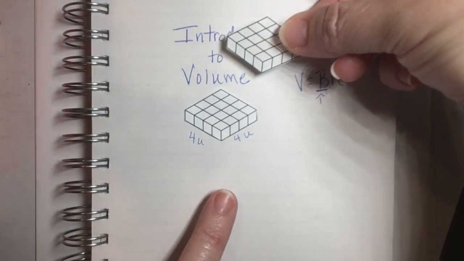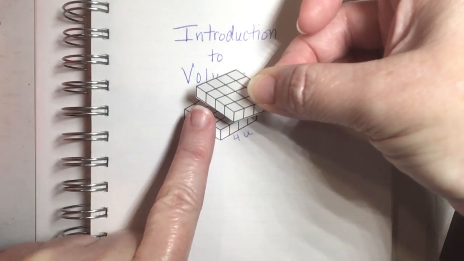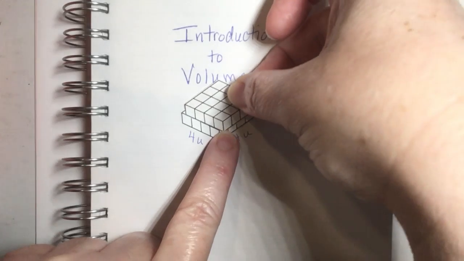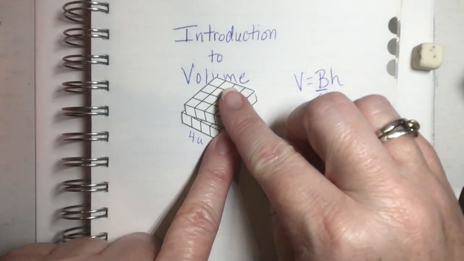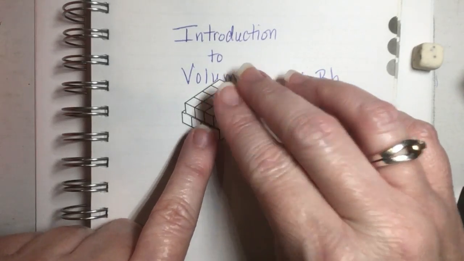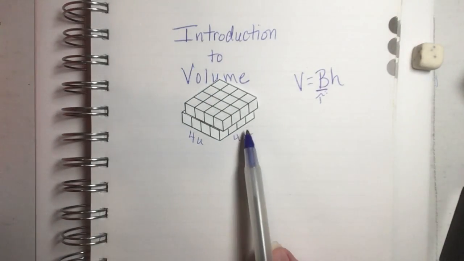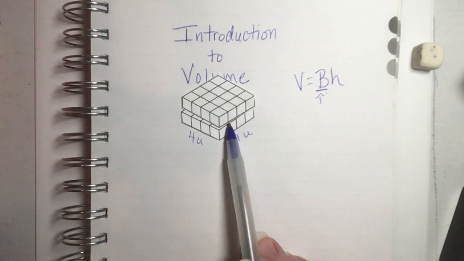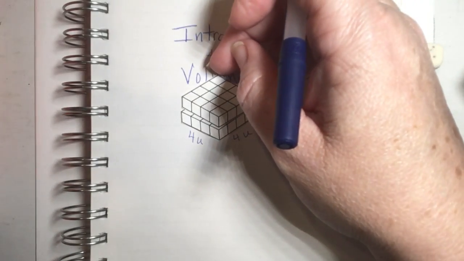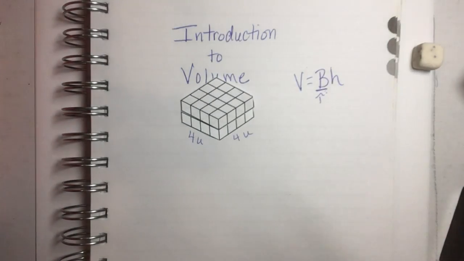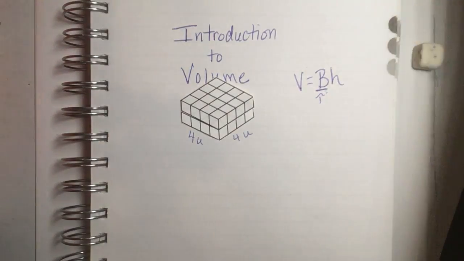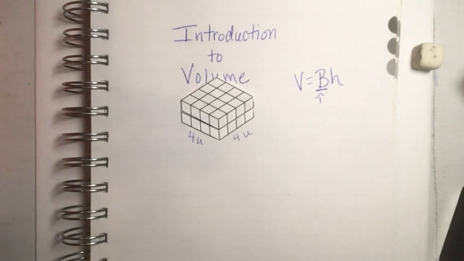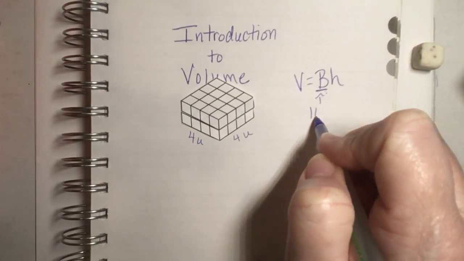Okay, so you see we have 2 congruent pieces. That's 1, 2, 3, 4, 1, 2, 3, 4. And I lay that on top. So I have 2 layers of that. So that would be 16 times 2, which would be 32. So there would be 32 cubes there. So the area of our base was 16, right?